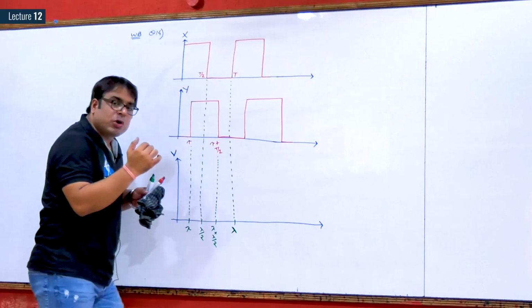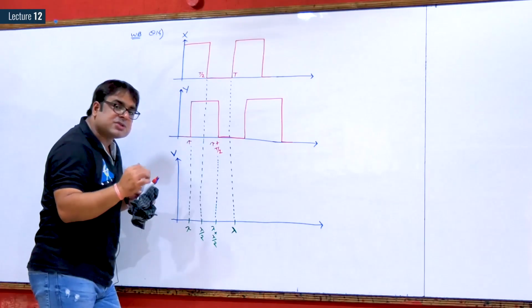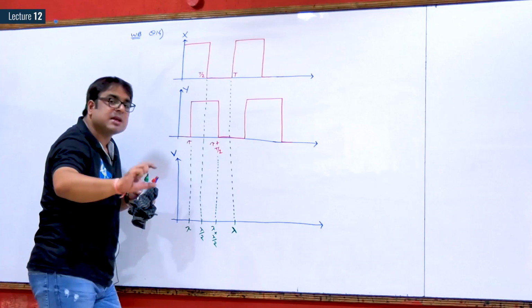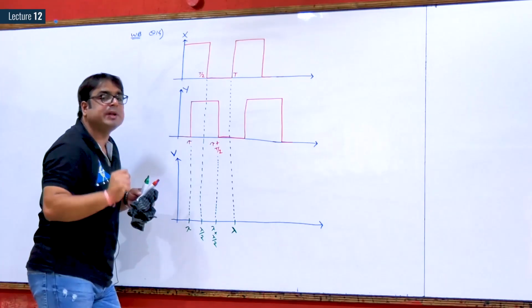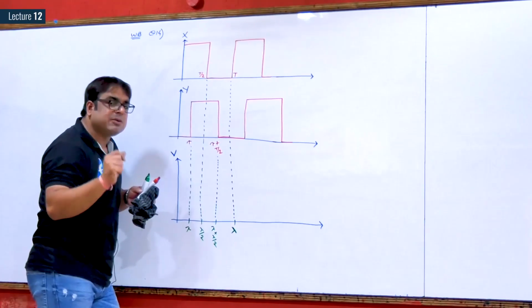Now both X and Y are passed through XNOR logic. You can see from the table, a table based on XNOR logic is given to you.